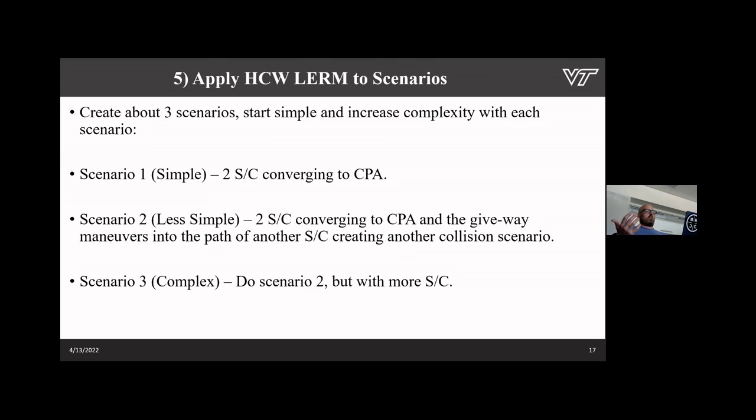Scenario 2 would be 2 spacecraft converging, 1 maneuvers out of the way, but then it maneuvers into the path of another spacecraft, so you have another collision scenario. Scenario 3 would be a combination of 1 or 2, but with more spacecraft. So that's kind of the goal.